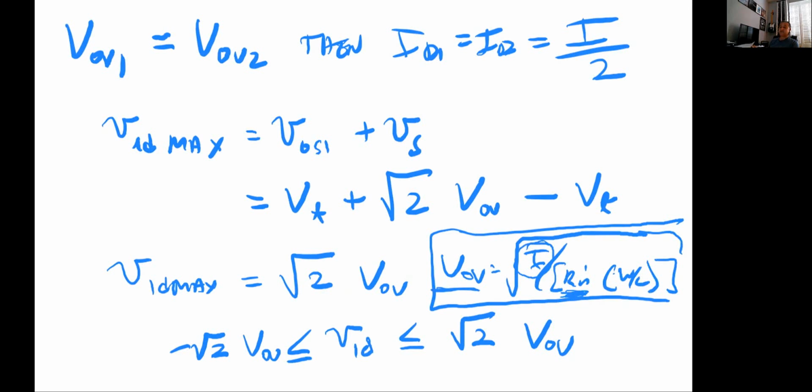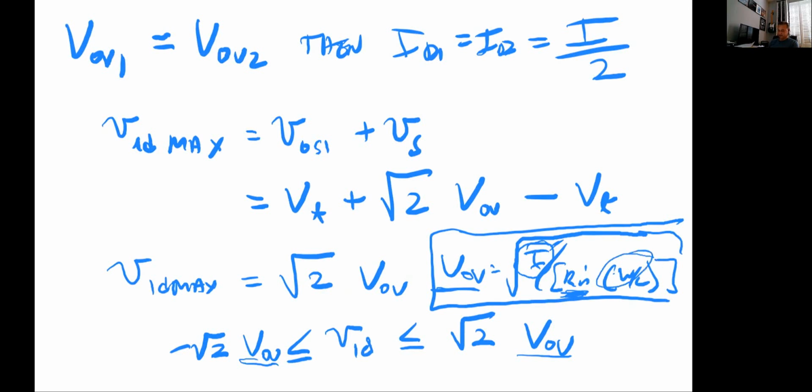Conversely, from a system perspective, you will start with what range do you want for your differential input? That's really where you start. And from that, you set your overdrive voltage, and then it gives you a trade-off between the current that you want to have, depending how much low power you want to be, and all the considerations like speed and things like that, and how big your transistors need to be.